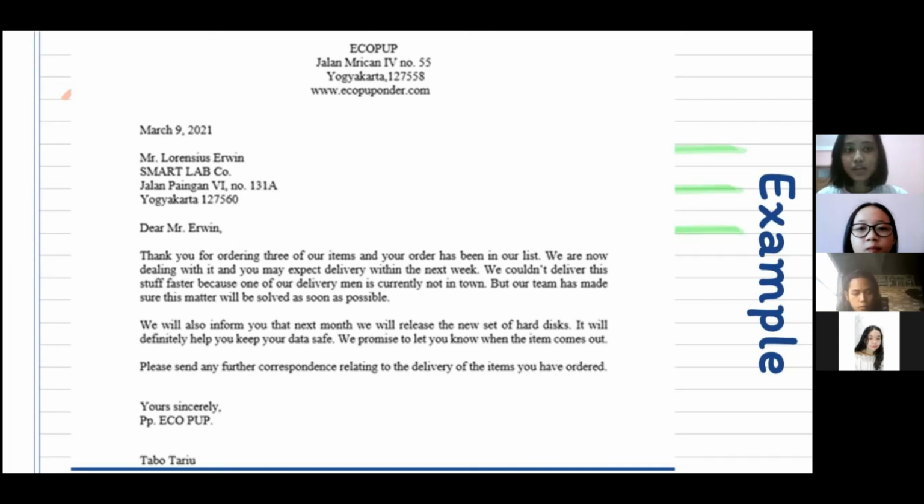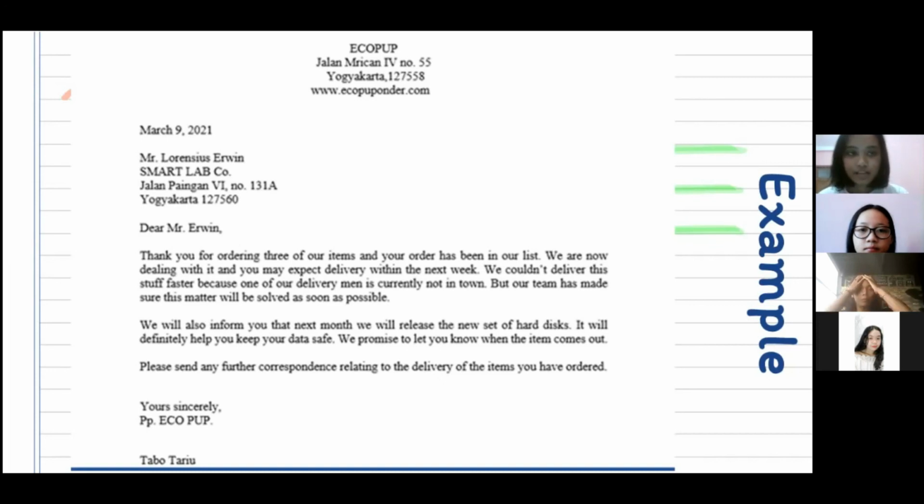After that, we have the recipient's name and the recipient's address, then the salutation, and after that, we get the content of the letter. Thank you for ordering 3 of our items and your order has been put on our list. That is acknowledging the order. We are now dealing with it and you may expect delivery within the next week. That is the information about the dispatch.